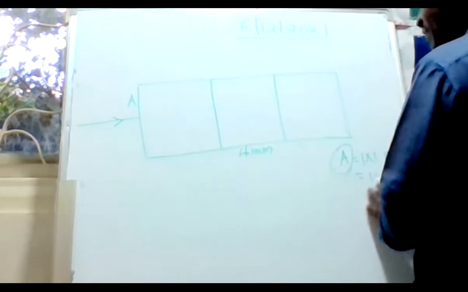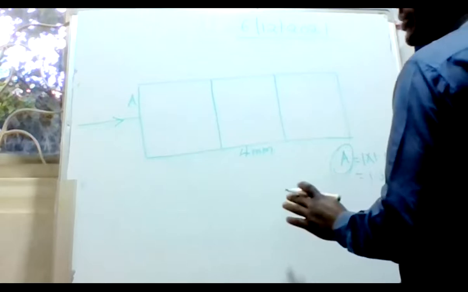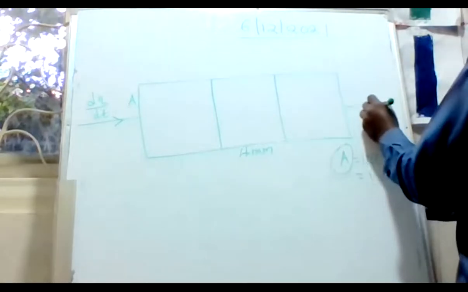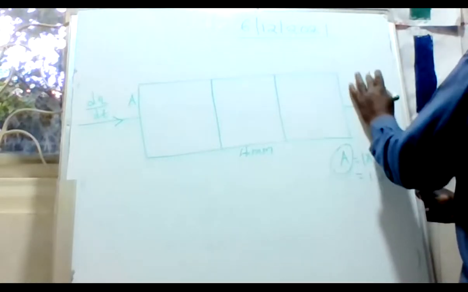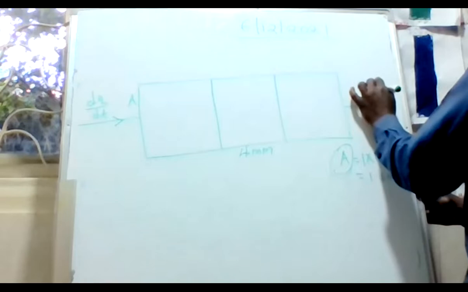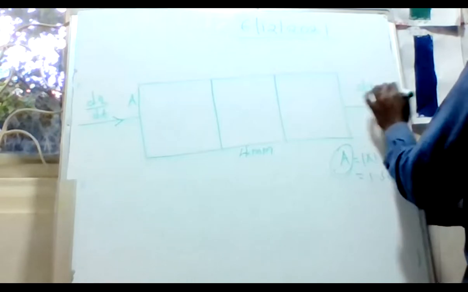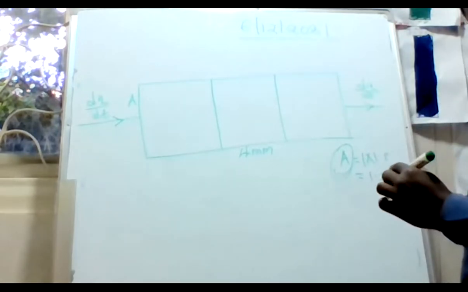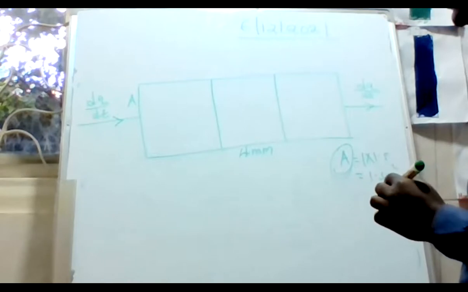So the rate of heat flow here will also be the same, dQ/dt, like that. Are we together?